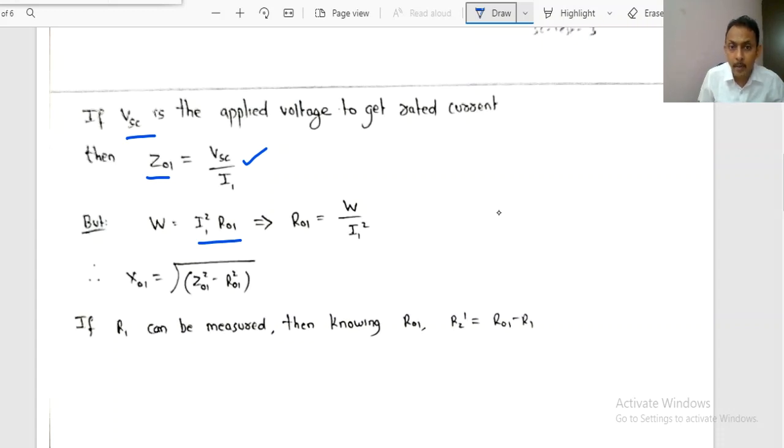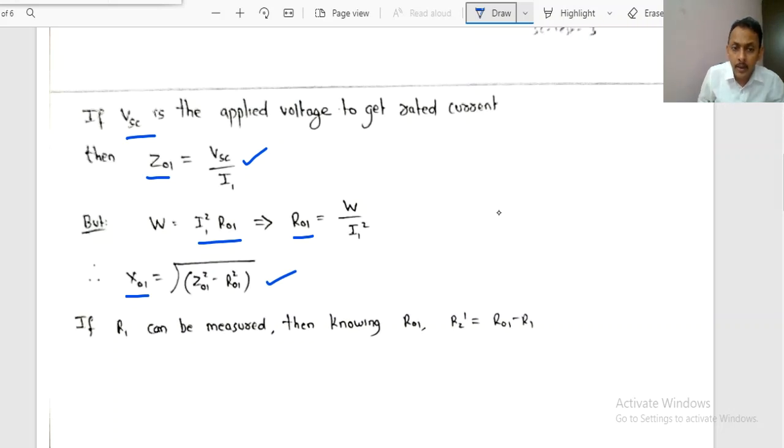From that we can obtain R01 equals the wattmeter reading divided by I1 square. Once you know Z01 and R01, it is very easy for us to calculate the reactance. X01 is given by the square root of Z01 square minus R01 square.